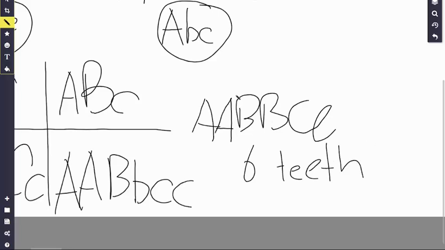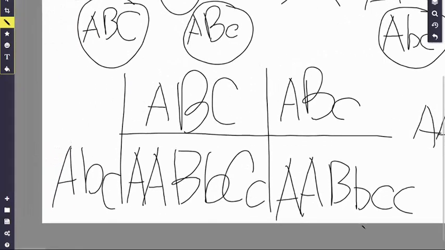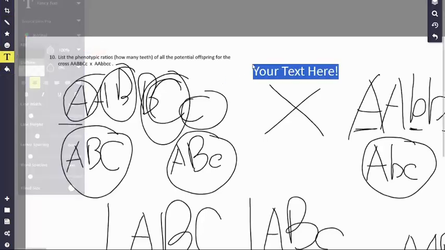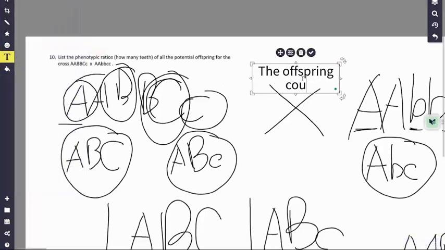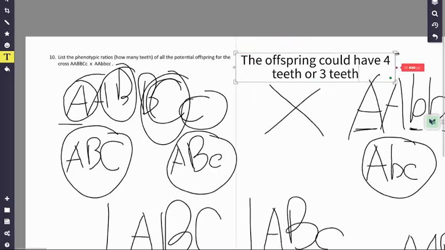So for every capital letter, it's basically one tooth. So let's see. This is going to be 1, 2, 3, 4 teeth, and this is going to be 1, 2, 3 teeth. So the offspring could have 4 teeth or 3 teeth. And we're done. So that is a polygenic inheritance.